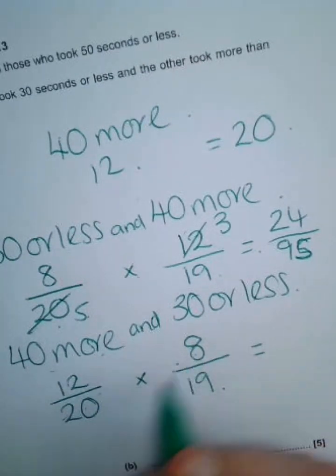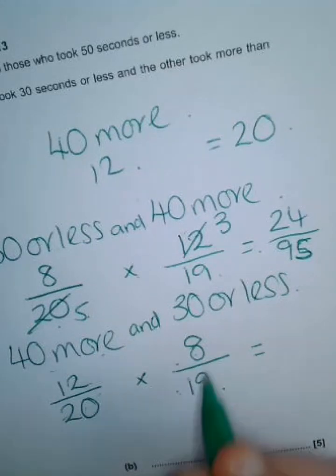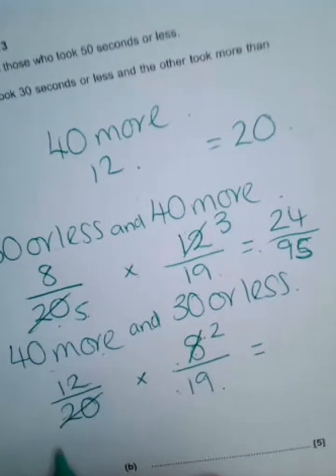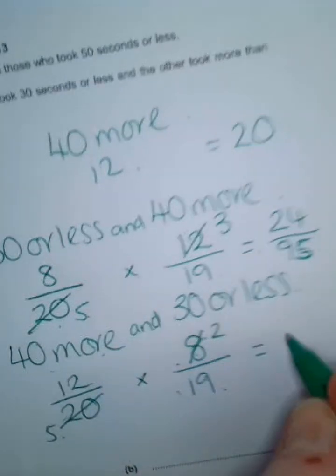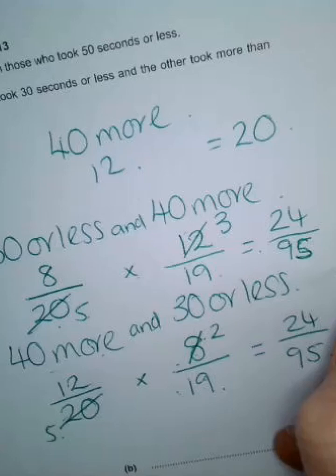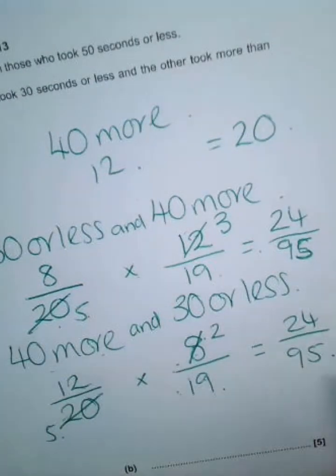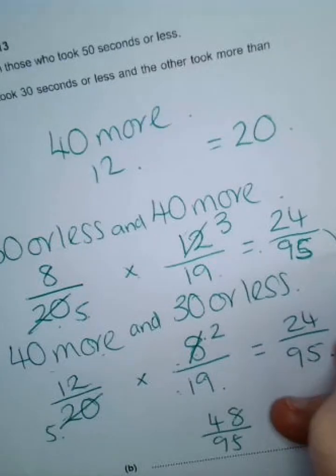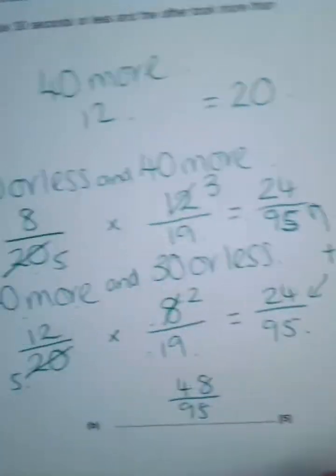So remember, with multiplying fractions, on the diagonals, I can simplify if they've got common factors. So 8 divided by 4 is 2. 20 divided by 4 is 5. So 2 times 12 is 24. 5 times 19 is 95. So I'm going to add them up. 24 plus 24 is 48 over 95, and it's an add this time because I am doing an or situation.